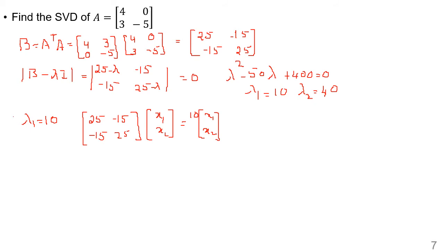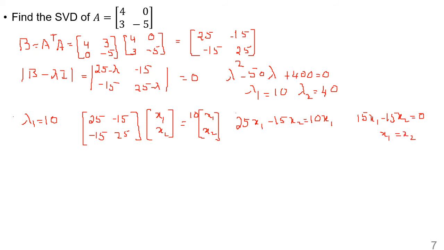That gives us two equations, 25x1 minus 15x2 is equal to 10x1. That gives us 15x1 minus 15x2 is equal to 0. That is x1 equal to x2.